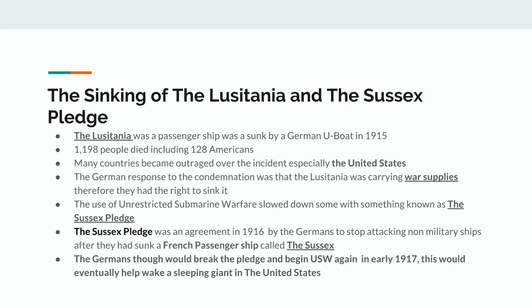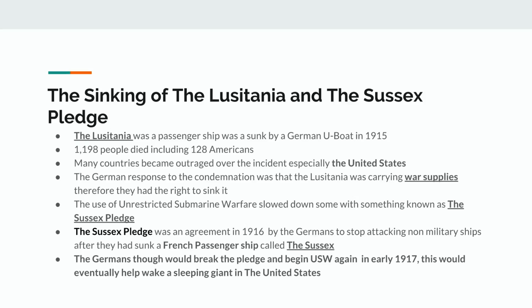Many countries became outraged over the incident, especially the United States. The claim by the Germans was that the Lusitania was carrying war supplies, and therefore they had the right to sink it. And of course, this was one of the causes or one of the reasons that would eventually bring the United States into the war. Of course, this happens in 1915, but it's not until 1917 that the U.S. joins the war.